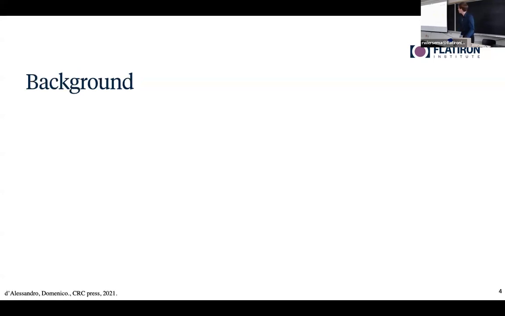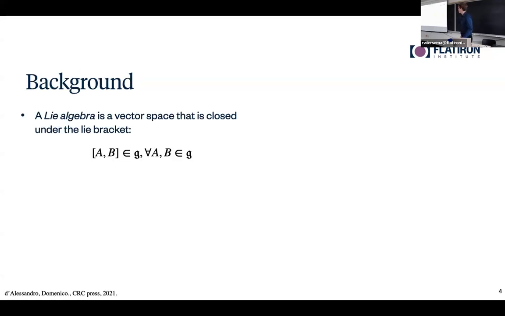For the second part of the title, we're talking about dynamical Lie algebra. So I need to introduce some notation and some math. Maybe most of you know what this is, but the simplest definition of a Lie algebra is that it is a vector space that is closed under the Lie bracket.